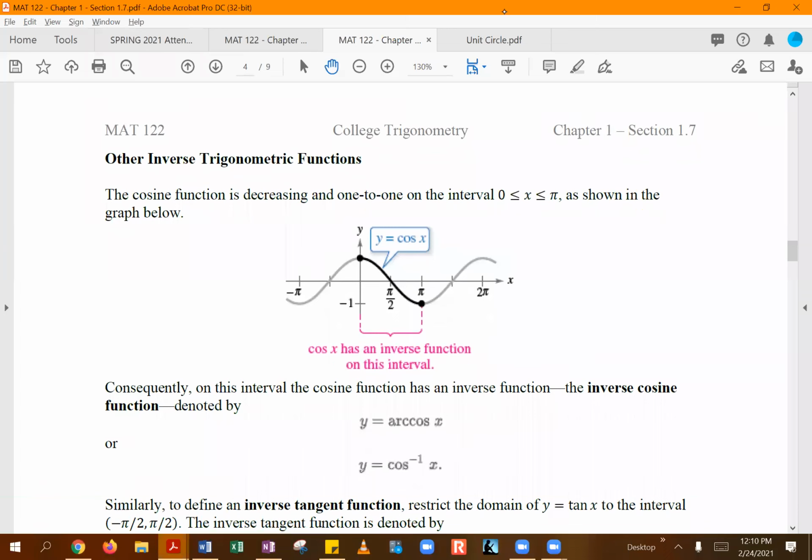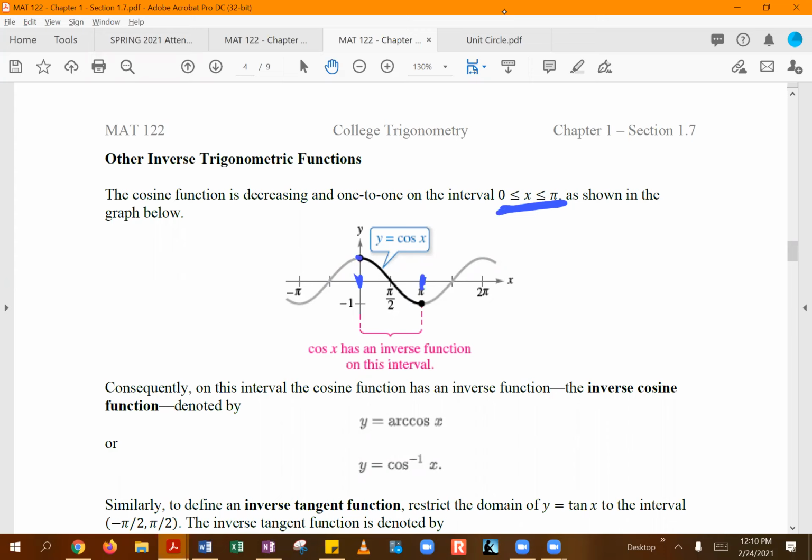Same thing's going to happen like you saw with the sine function. We will need to restrict our domain because the cosine function starts at a maximum point instead of an intercept. Our restriction for the domain is going to be between 0 and pi. So you can see we are going from 0 to pi on the x-axis.